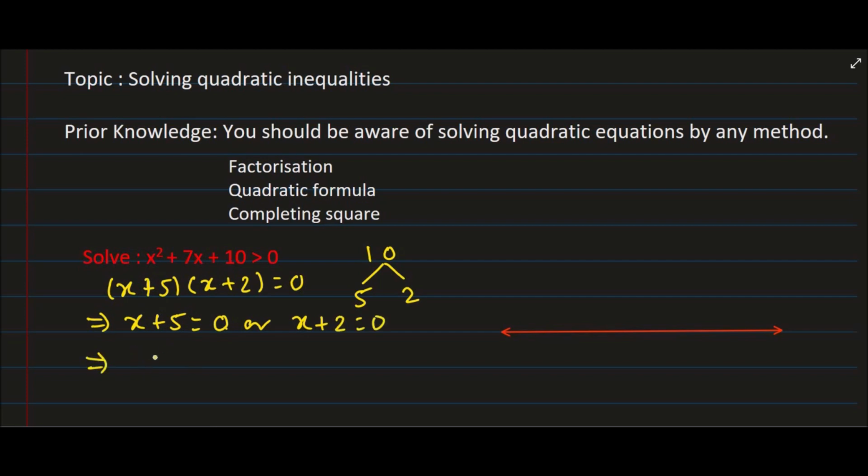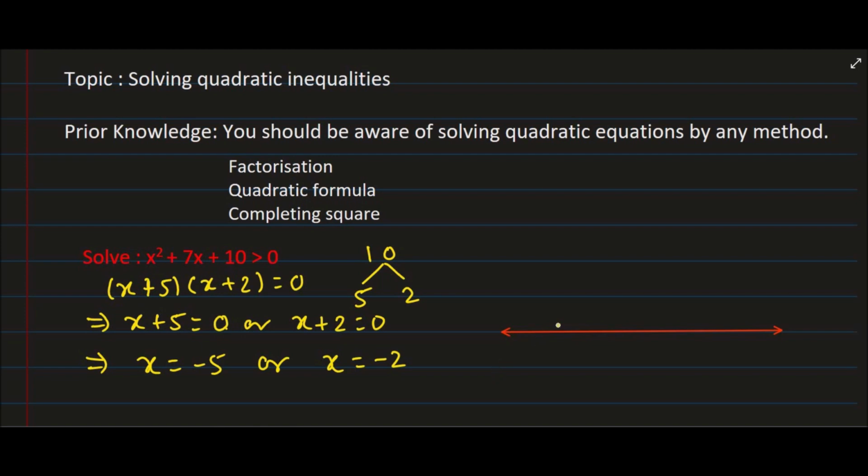This implies x equal to minus 5 or x equal to minus 2. So we got critical values x equal to minus 5 and x equal to minus 2.